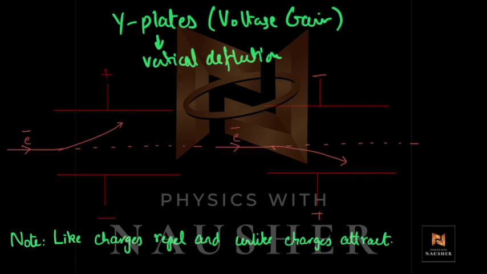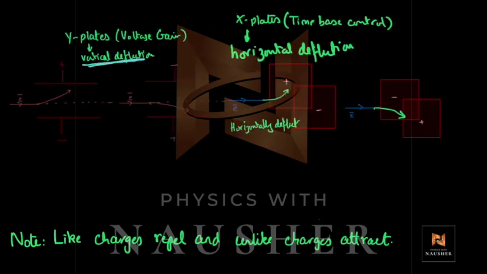Please remember that the names of Y and X plates come from how they deflect. So Y plates cause a vertical deflection, whereas X plates on the other hand are given the name X because they cause horizontal deflection. So you should know that the X plates control your time and the Y plates control your voltage.